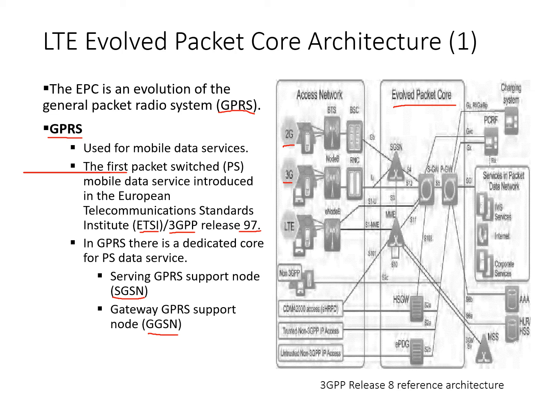For the 2G case, the BSC is interconnected to the SGSN. Also, in the 3G system, the RNC is connected to a system.